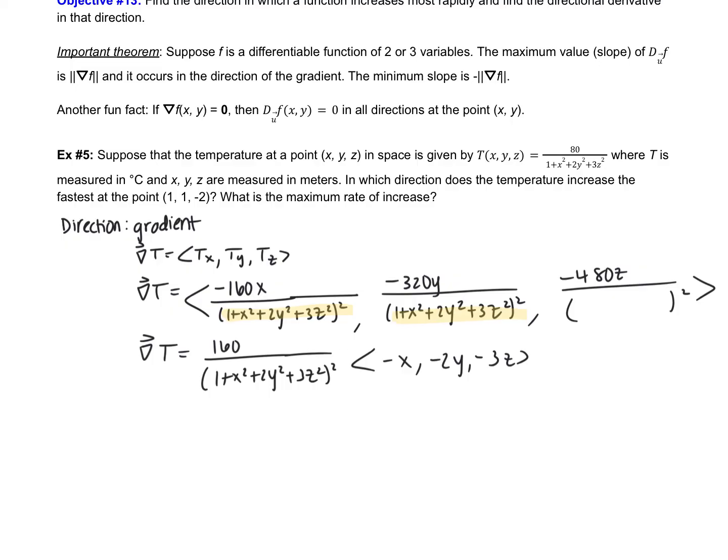Okay, so now that we have that gradient, we're going to find in which direction the temperature increases fastest. So I'm going to need the gradient at the point 1, 1, negative 2. And that is 160 over 256 multiplied by negative 1, negative 2, and 6.